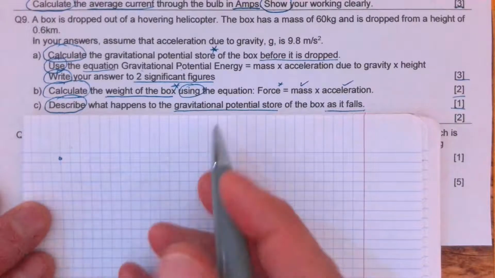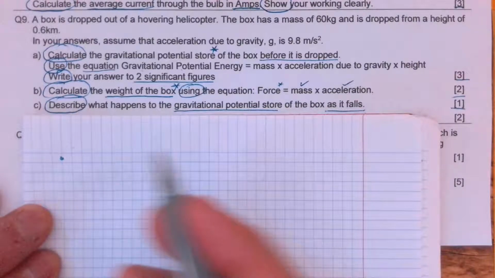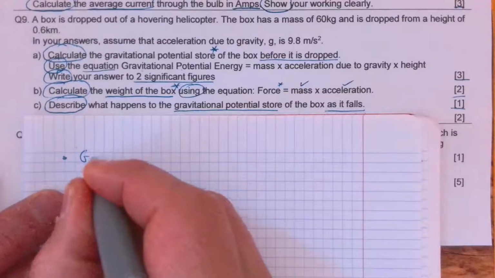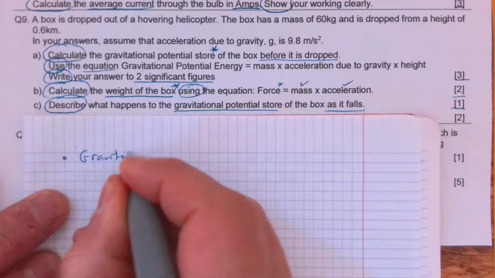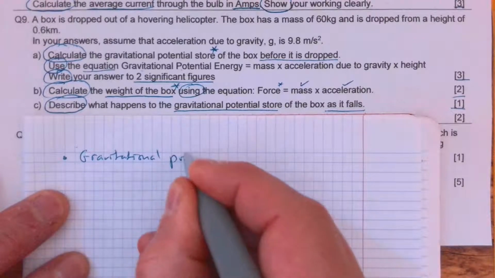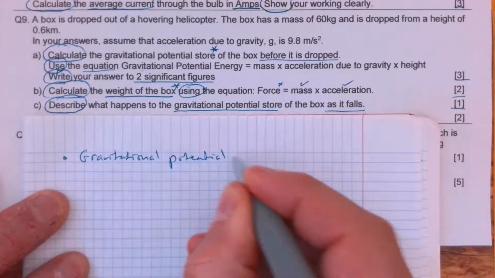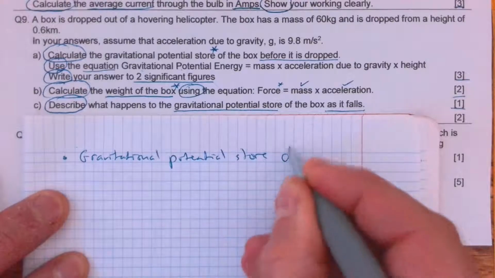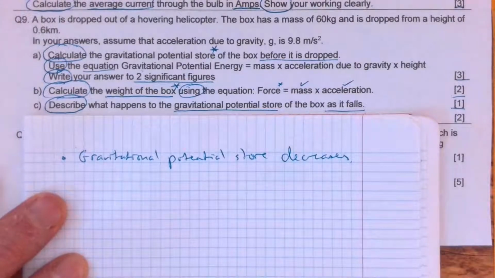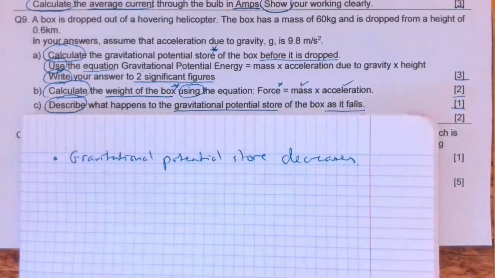What happens to the GPE as it falls? The GPE decreases. So the gravitational potential store decreases or gets less. And the reason it does that is because it's not as high up, it gets less high.